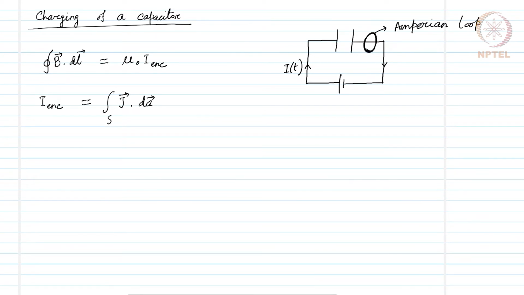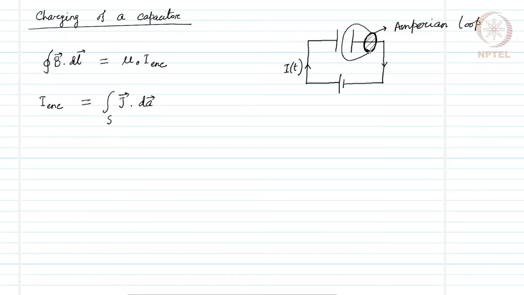So, which area do we consider that is enclosed by this Amperian loop? We can consider the flat area here, but we can also consider the area of a balloon like this. That is also allowed.